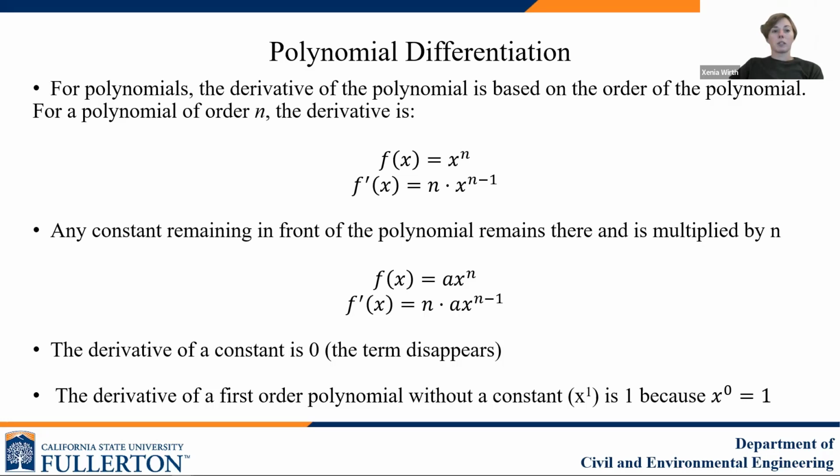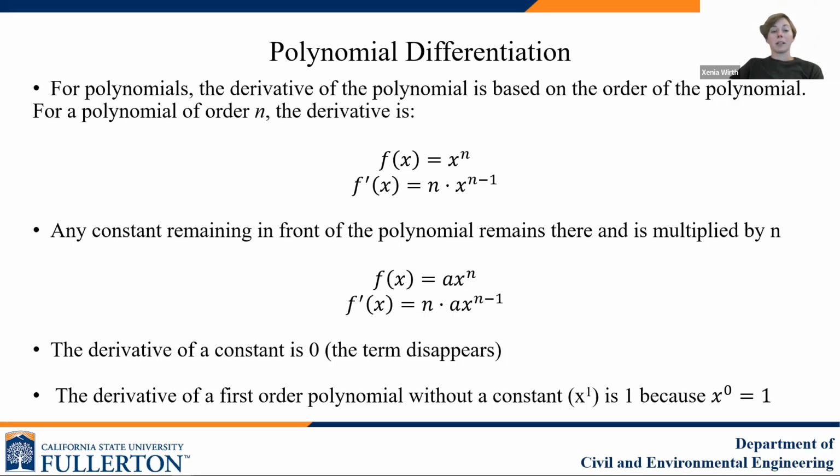For polynomials, the derivative of the polynomial is based on the order. There's a general expression for a polynomial of order n. The derivative is n times x to the n minus 1. So whatever power x is raised to, you move that number to the front, and you do n minus 1 for the new power to get the derivative. If there is a constant in front of the polynomial, that remains there and is multiplied by the n value as it comes down to the front.